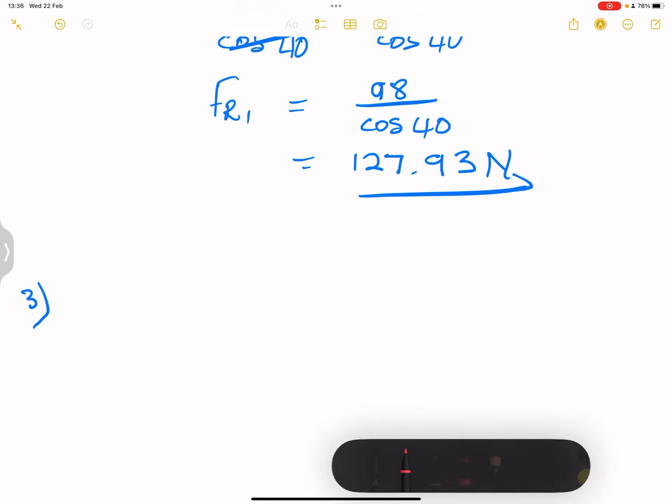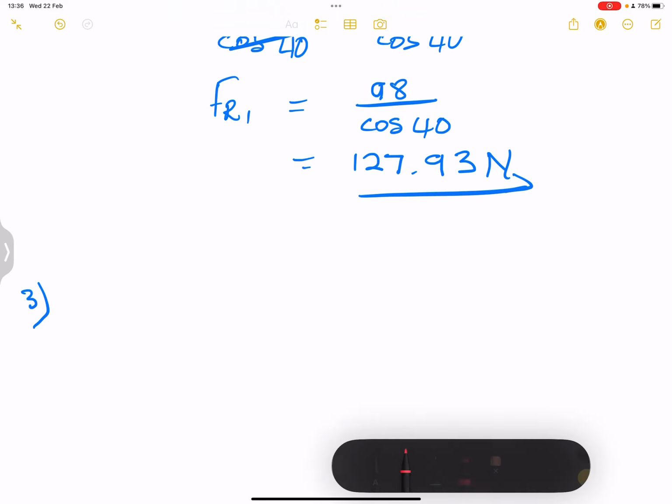So tan of 40 degrees is equal to the opposite, that's the force on rope 2, divided by the adjacent, so divided by the weight. I'm not sure why I'm making that terrible mistake now.